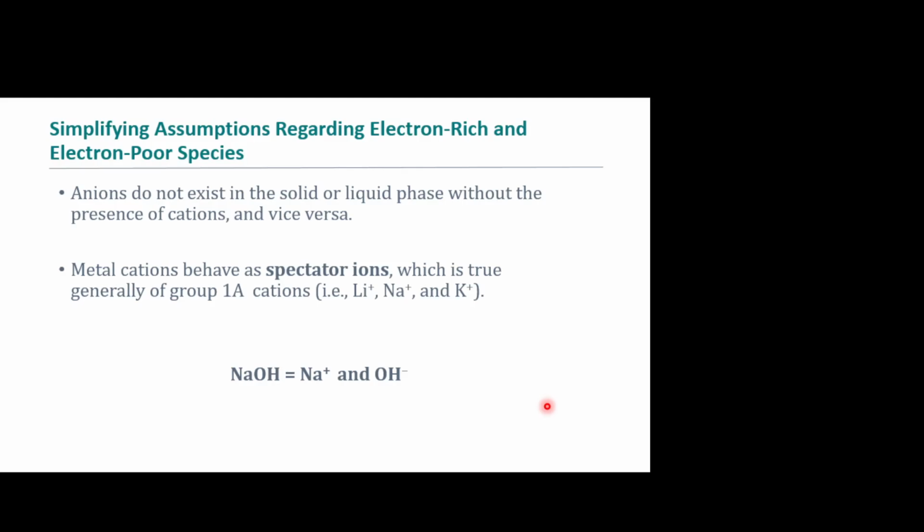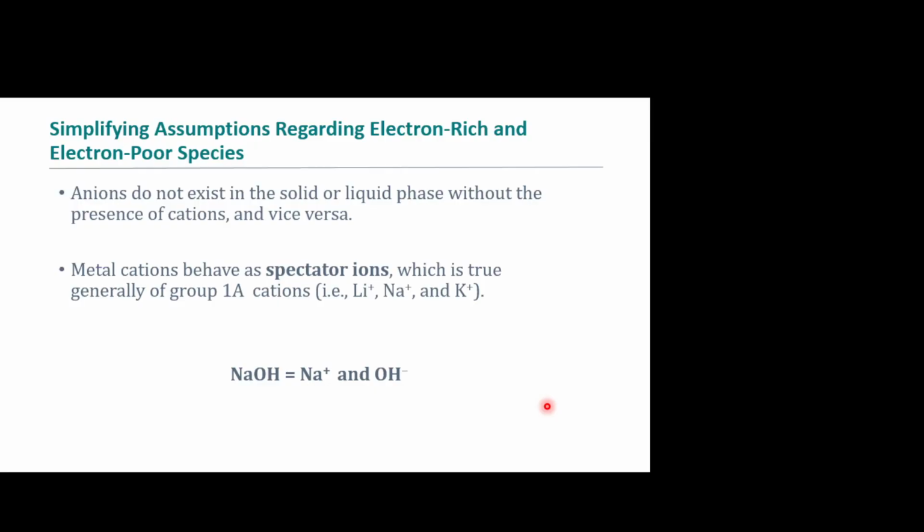Okay, so let's simplify some assumptions regarding the electron-rich and electron-poor species. Anions do not exist in solid or liquid phases without the presence of cations and vice versa. These are assumptions. They're not 100% true, but overall in bulk, they are true.